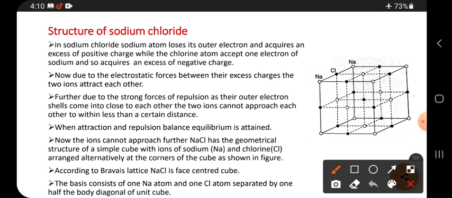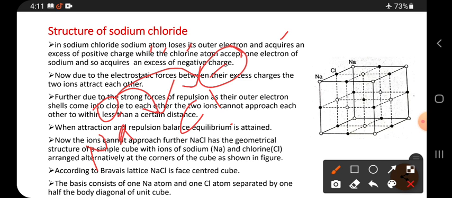In the same manner, the chlorine atom accepts one electron from sodium and so acquires an excess negative charge. That excess electron is shown as a minus.